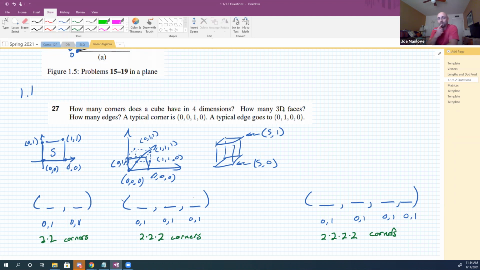All right. So I think that initially we have 4 edges. That seems obvious. The edges are the one-dimensional faces, right? And then we also have 4 faces. In the case of the square, things are a little confusing because the edges are the faces. In this cube, how many edges and how many faces do I have?